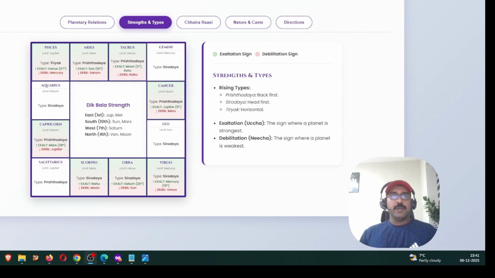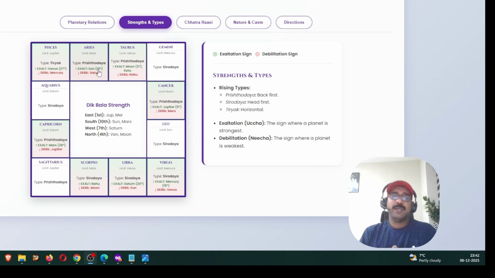So as we discussed, here we discuss the specific Rashi properties and the exaltation and debilitation of specific planets. So the first is the property, the three properties which each Rashi holds: Prishtodaya, which is back first, Shirodaya, which is head first, and Tiryak, which is horizontal.